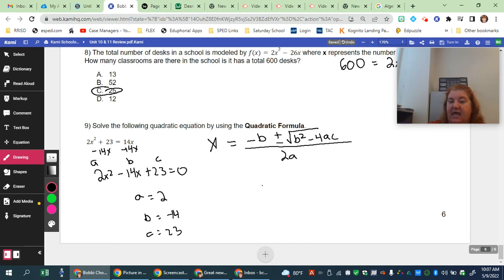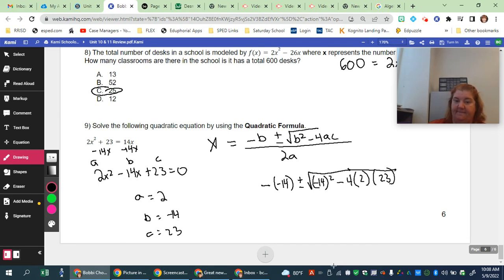Now let's plug it in. Negative 14, put in parentheses, plus or minus the square root of negative 14 squared minus 4 times 2 times 23, all over 2 times 2.